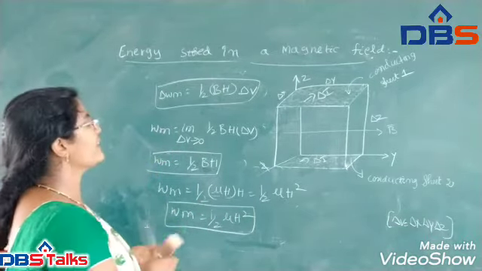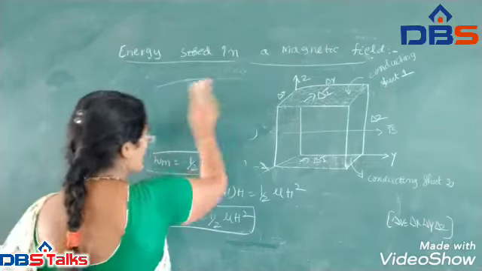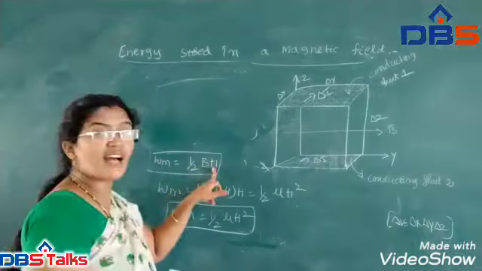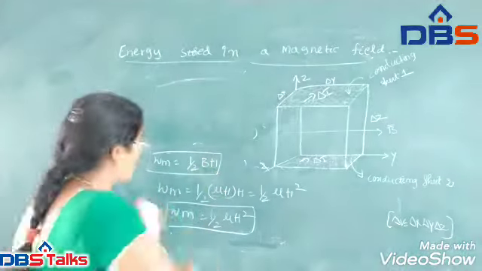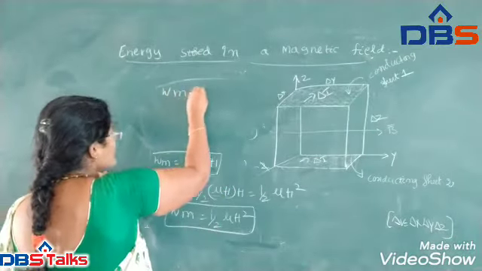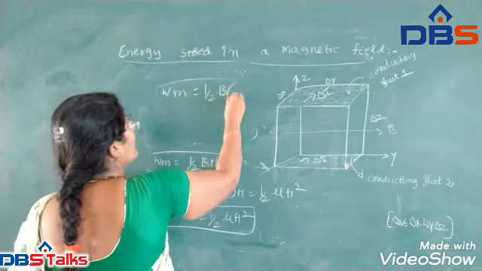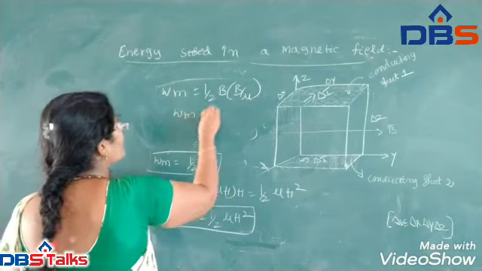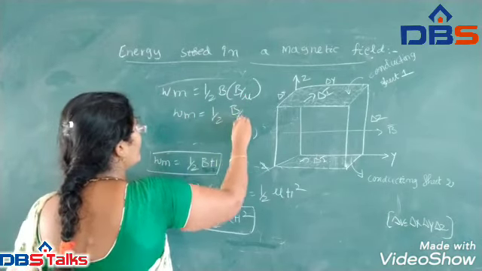In other terms you can express it as, the actual formula is half BD, where B is D and H is also expressed in terms of B by mu. So at that time you can write Wm is equal to half B by mu, so Wm equal to half B square by mu.